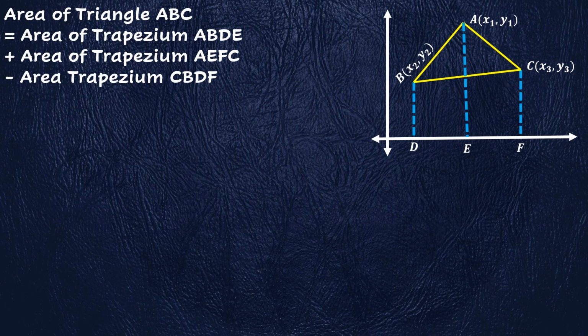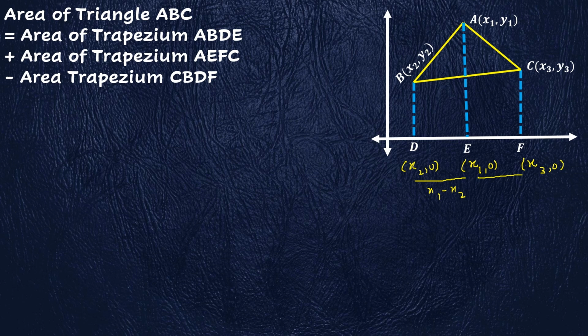The coordinates of the feet of the perpendiculars are D (x2, 0), E (x1, 0), F (x3, 0). The y coordinates are 0 because the points are on the x-axis. The distance DE will be equal to x1 minus x2.